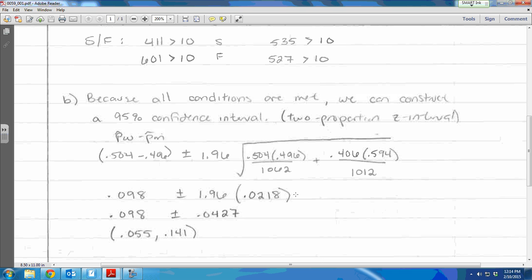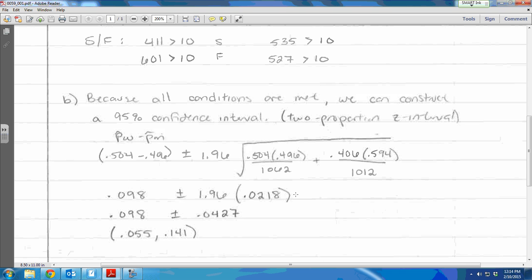So which group is always greater? Women, right? Because women was first. That's all positive answer. So what that means is that I'm confident that the difference in men and women, because that's what we're talking about, the difference in men and women, is higher for women. So the people diagnosed with arthritis is higher for women since it's always positive.